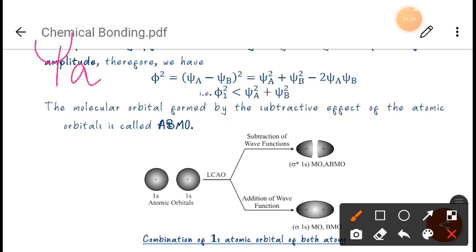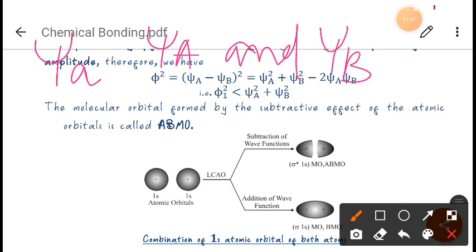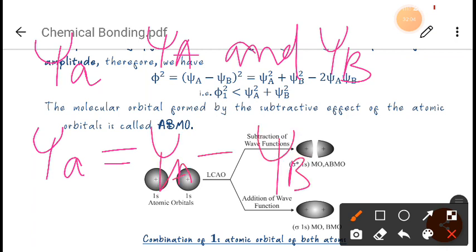The wave function psi a for an antibonding molecular orbital can be approximated by substituting the wave functions of the individual atoms. If psi a and psi b represent the wave functions of the two isolated hydrogen atoms, then we can represent it like this: psi a is equal to psi a minus psi b.